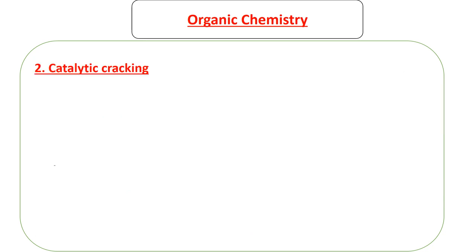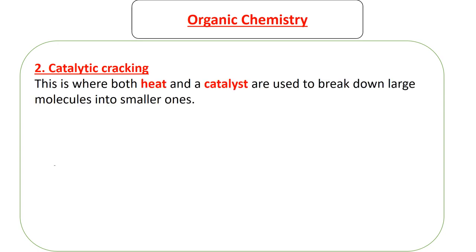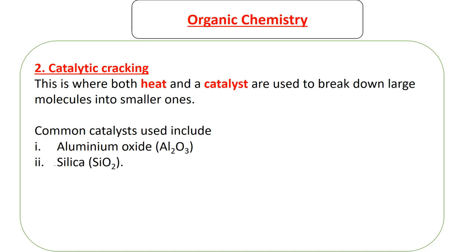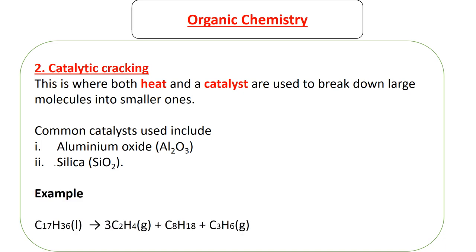Next, we go to catalytic cracking, the other type of cracking. This is where both heat and a catalyst are used to break down large molecules into smaller ones. Common catalysts that are used include aluminium oxide, silica, or silicon dioxide. Examples.